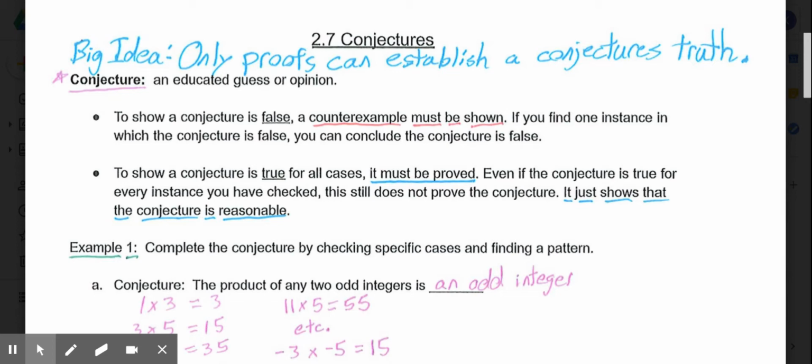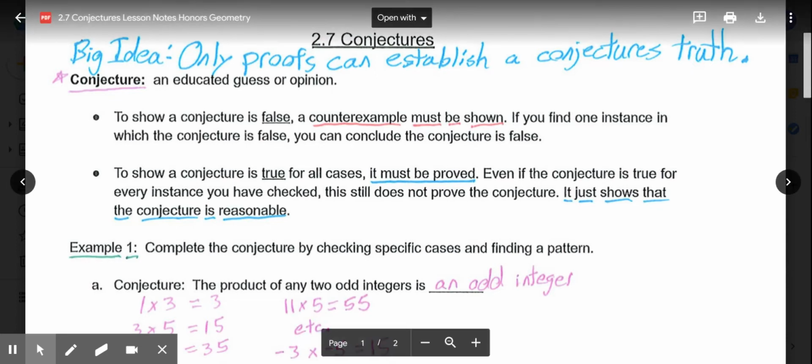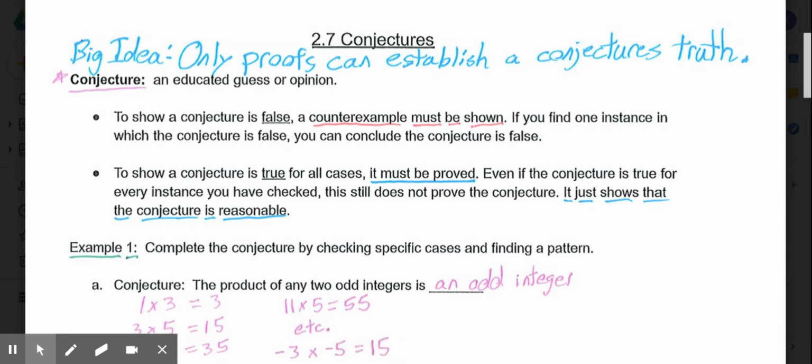So you could check 1,000 instances and still not have come up with the full proof you need, because there could be an instance out there that you didn't think to check that makes it false. So to show a conjecture is false, we need one single counterexample. To show a conjecture is true, it must be proved for all cases.